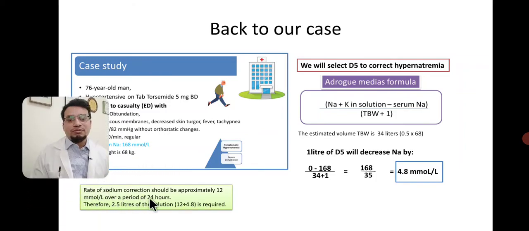Now, the rate of sodium correction should be approximately 12 millimole per liter over a period of 24 hours. That is the maximum correction rate. We will go with the slow correction, because we don't know whether this hypernatremia is acute onset or chronic onset. Unless proven otherwise, we should always regard this hypernatremia as chronic.